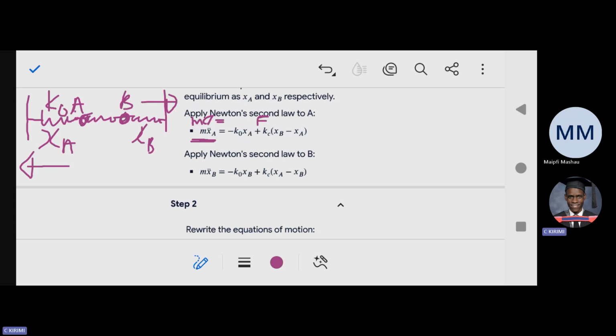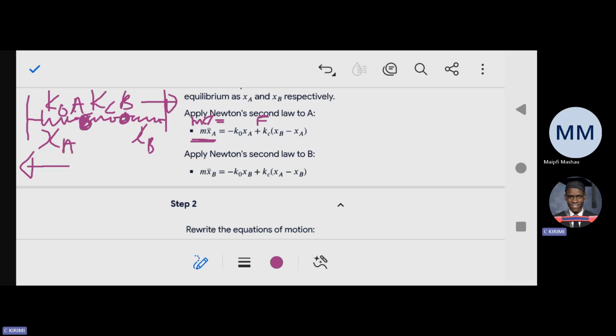Multiplied by XA, it's the force, the displacement in the X. So that displacement in the X of which ball? Of ball A. Okay? That is the first part, which is just easy. Then now we are going to the second part, where we are having A, there is KC in between.